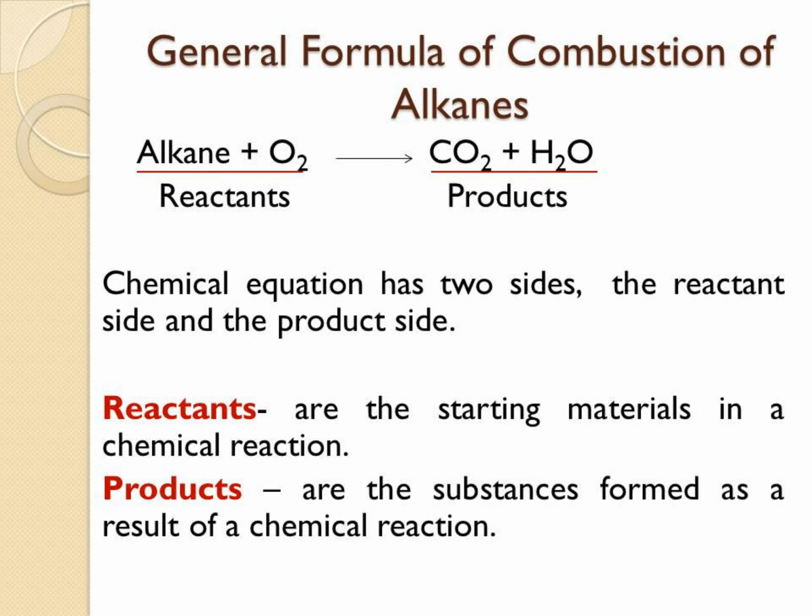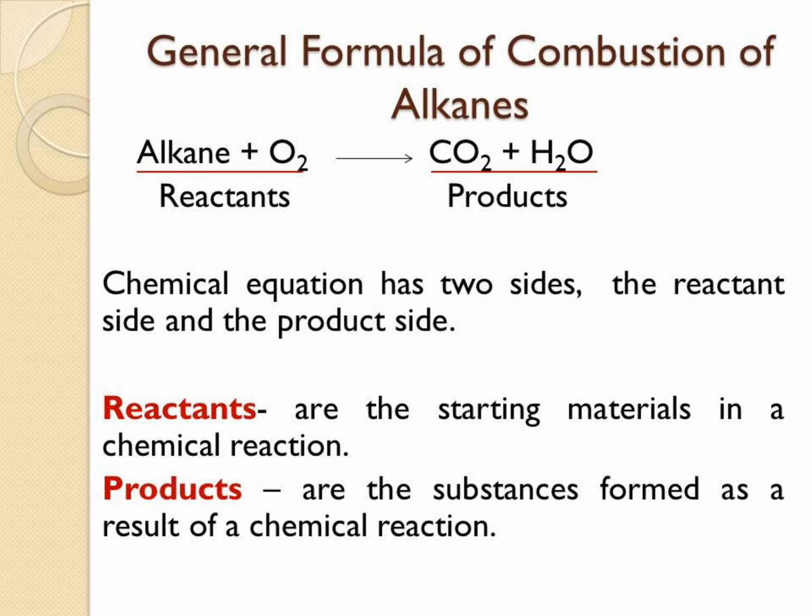The general formula of combustion of alkanes is the alkane plus oxygen gas yields or produces carbon dioxide and water as the products. So, in a chemical equation, we can see that there are two sides of the chemical reaction: the reactant side and the product side.